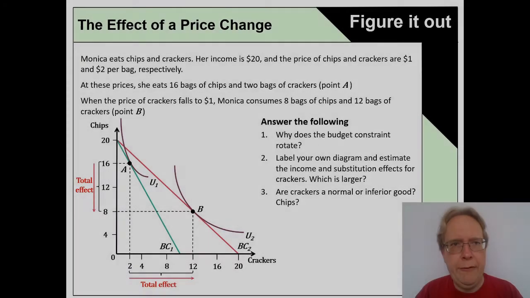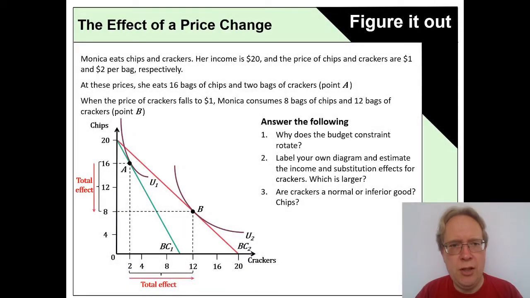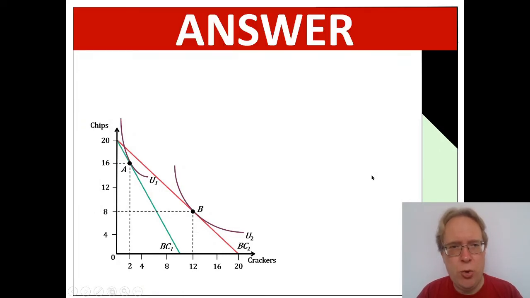Before the break, I left you with this quiz question. I'm not going to cover the first question because I've already explained that lots of times. But let's disentangle the income and substitution effect here. To do that, as you know by now, you have to look at the new relative prices, but at the old indifference curve.